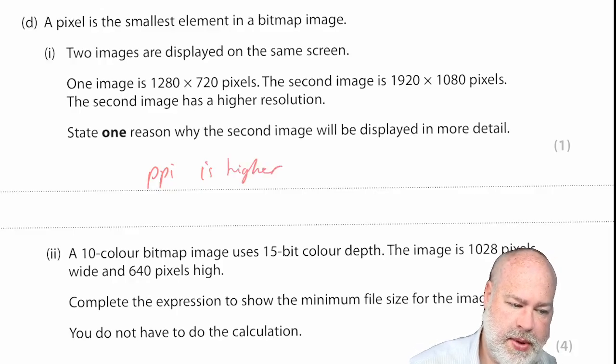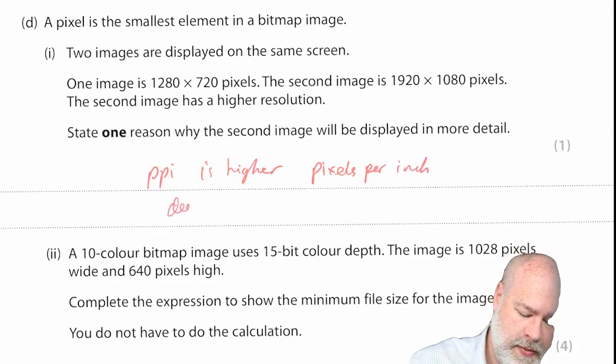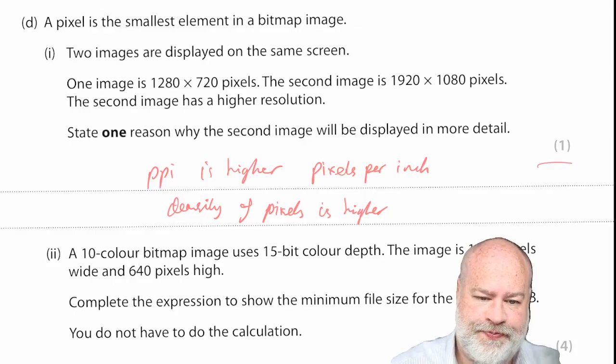I think they would accept PPI, but if in doubt, just say pixels per inch, and or density. Either of those would give you the 1 mark.